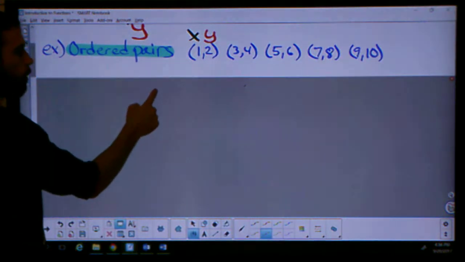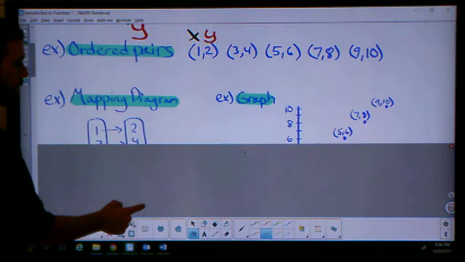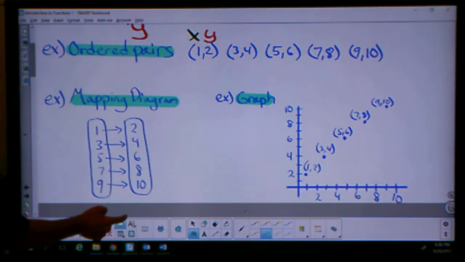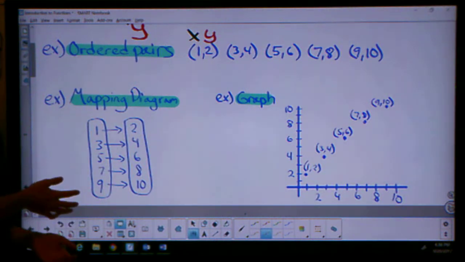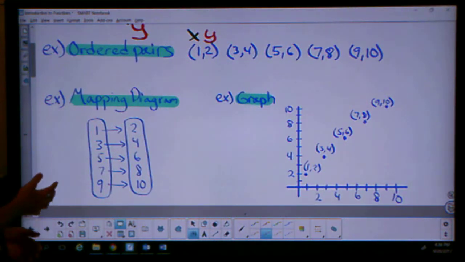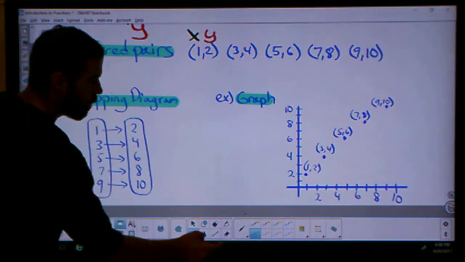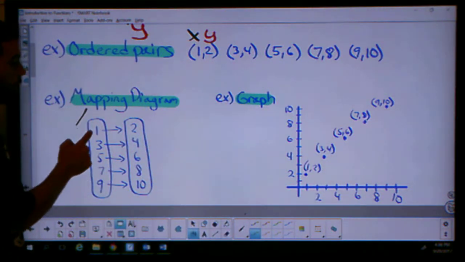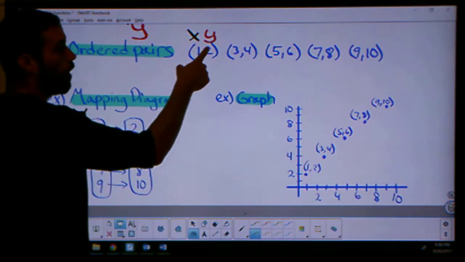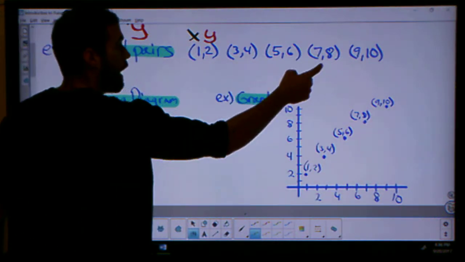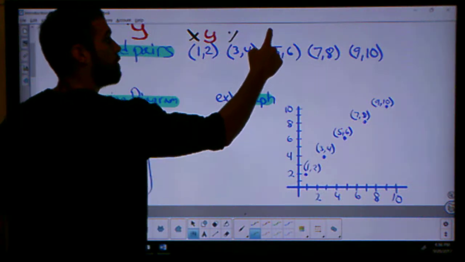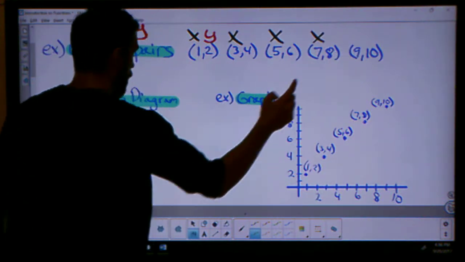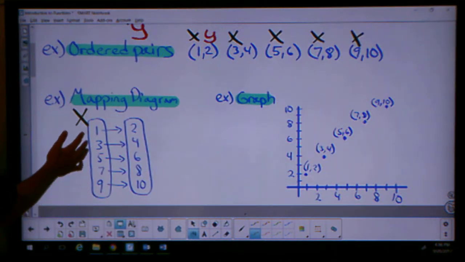There are a couple other ways that you can represent functions, and here they are. We have a mapping diagram, which is essentially showing you the similar idea. On the left-hand side of the mapping diagram, we have all of the x values. As you can see, 1, 3, 5, 7, and 9 are all in the x-coordinate position, and they appear in the left part of the mapping diagram.